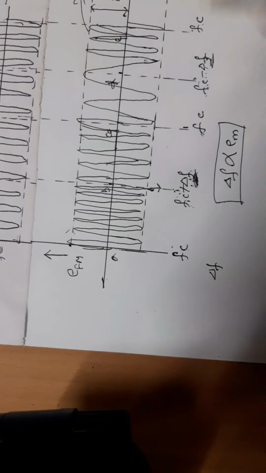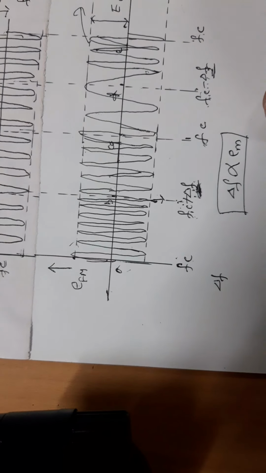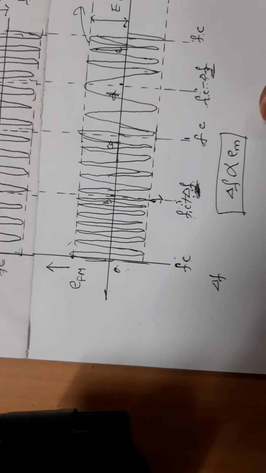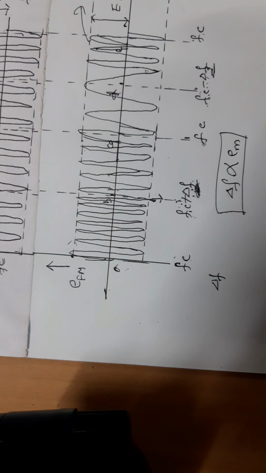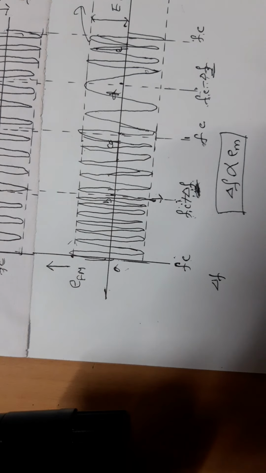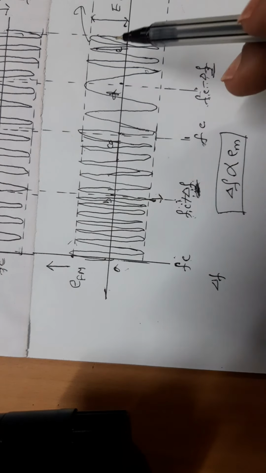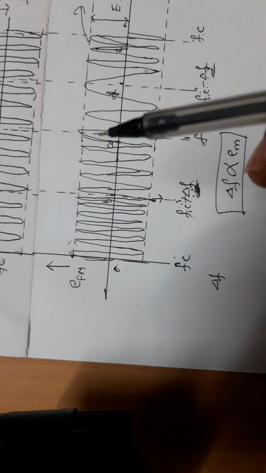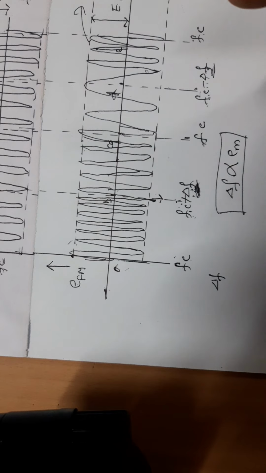Now, let us consider the instantaneous value of this frequency. When do you consider instantaneous value? When there is a continuous change, then the value at any instant is called the instantaneous value. Here there is a continuous change in frequency. Therefore, if you take the frequency at any instant, that is called instantaneous frequency.